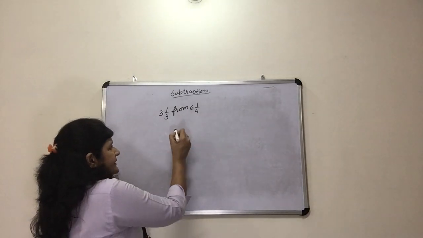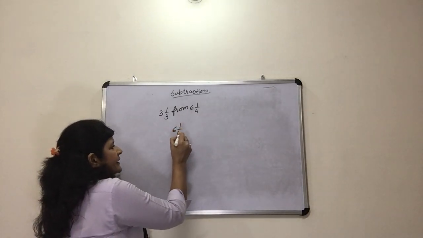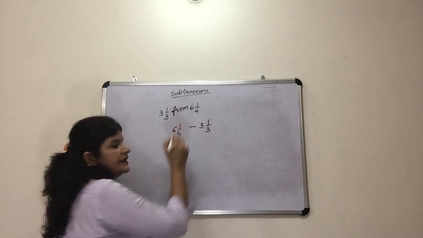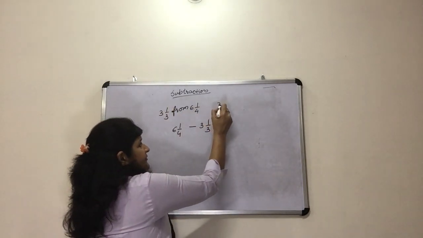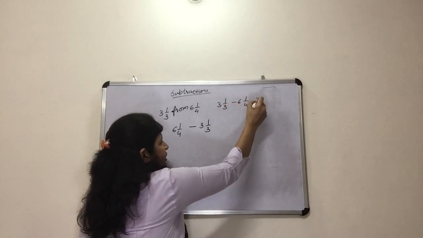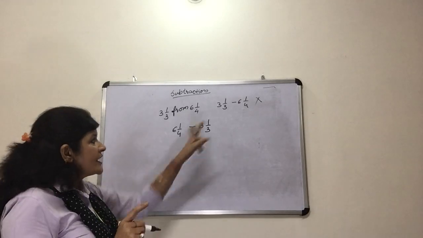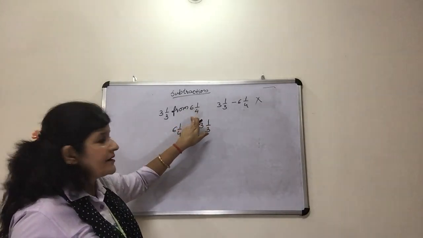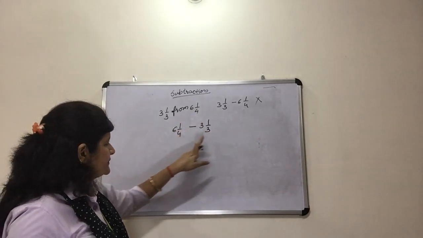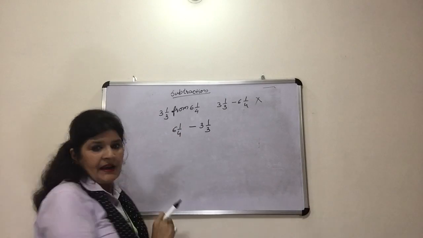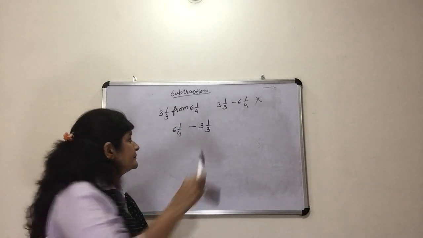So we will write 6 1 upon 4 minus 3 1 by 3. You are not supposed to write 3 1 by 3 minus 6 1 by 4. This is wrong. This is wrong. You have to write from whatever it is. So this is the bigger number. You have to subtract a smaller number from the bigger number. Okay, fine. Now we will write it.